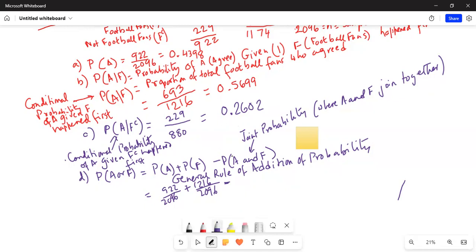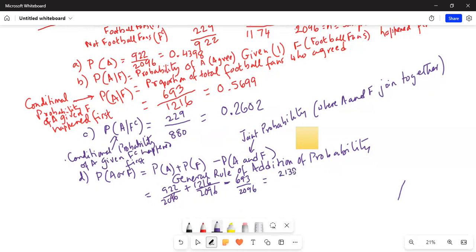So it's minus 693 out of 2096. Let's first add 922 plus 1216, which is equal to 2138.